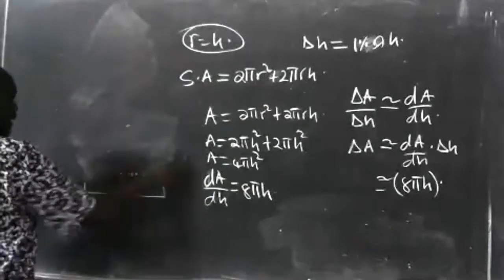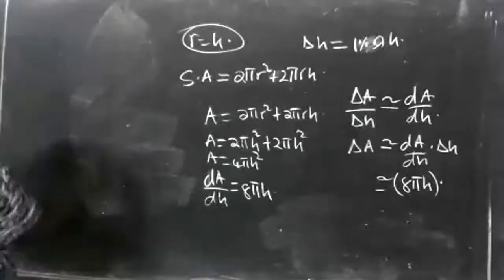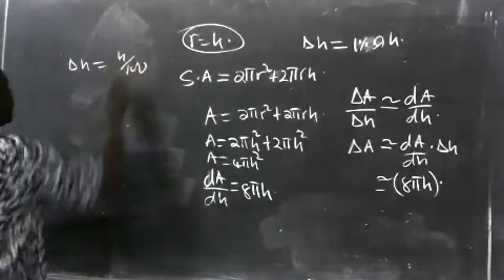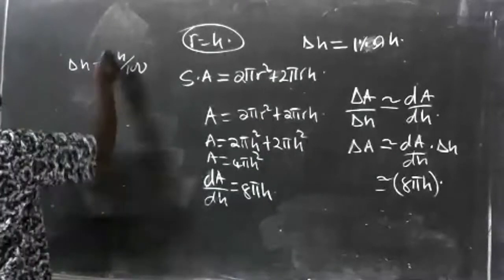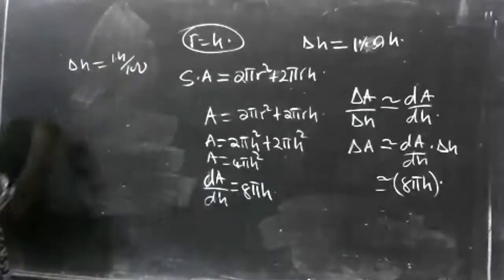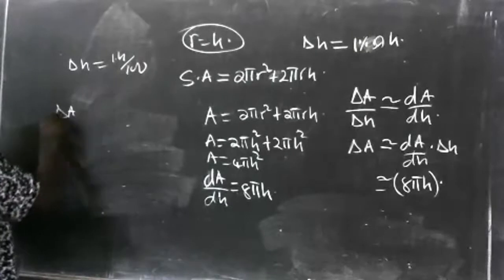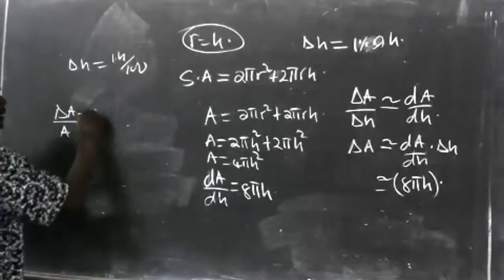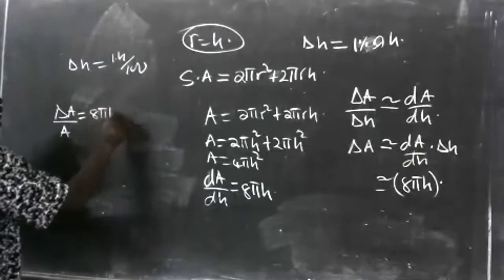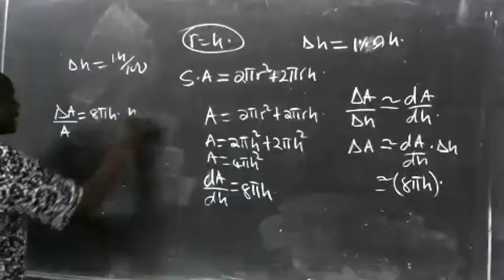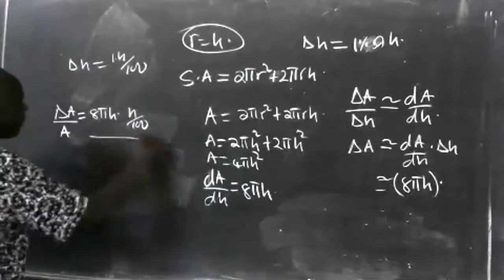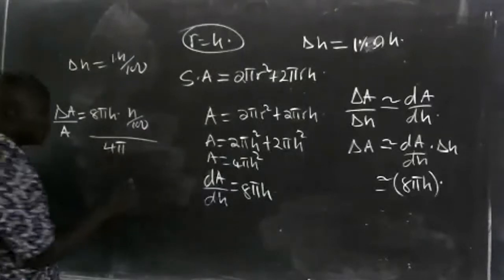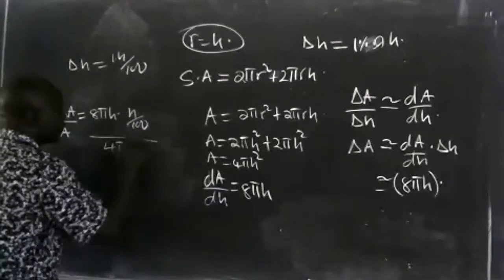We are having our delta H as H over 100. So this would be 1% of that. So now our delta A over A, delta A will be 8 pi H times H over 100, over the area, which is 4 pi H squared.